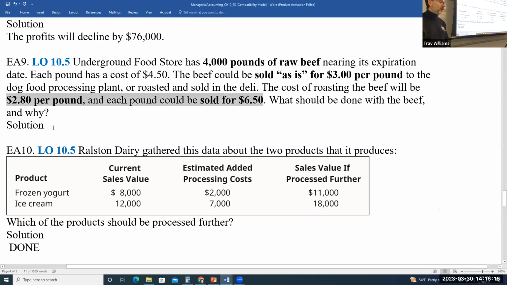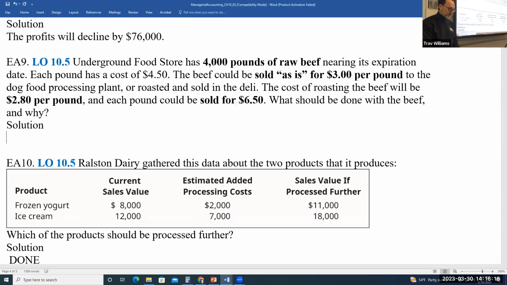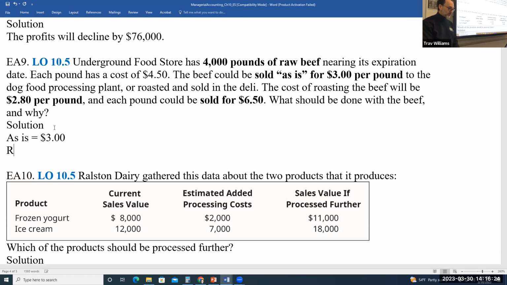Okay, so again, our options were as is for $3 per pound, roast beef for $6.50 minus $2.80, which comes out to $3.70.